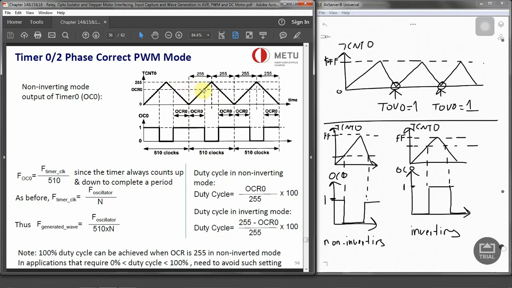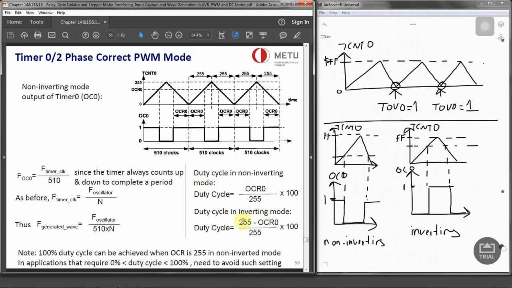And OCR is set and cleared in between those. When you want to calculate the frequency of OC0, or find the frequency of the generated wave, we have to divide by 510. But with the duty cycles, it's OCR0 over 255, because we can use the counting up or the counting down for the duty cycle.